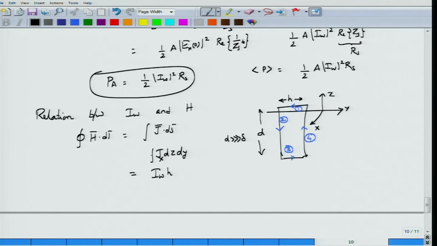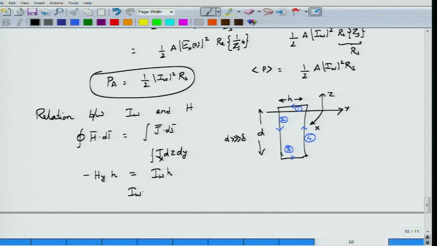Because H would have decayed so much because of the skin effect. The E and H values at depths much larger than the skin depth would be almost 0. Therefore, the only contribution of H is that of segment 1, at which point I have minus Hy into small h is equal to I_W h.